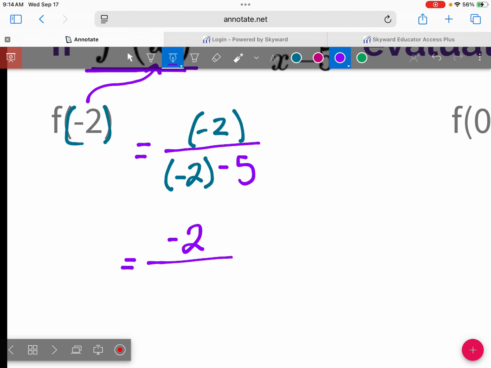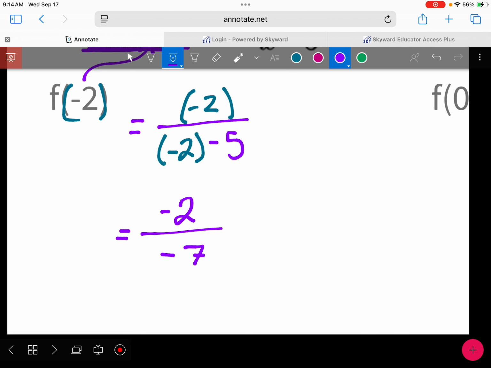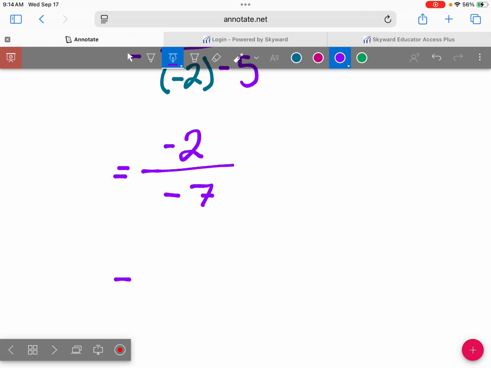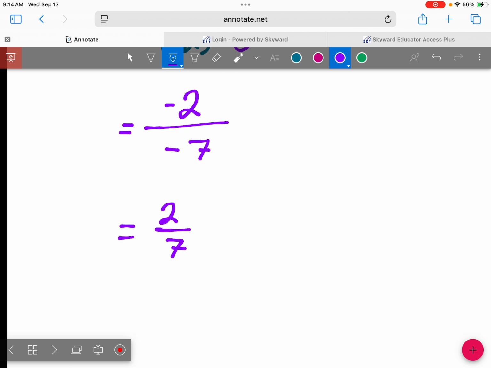In my denominator, we have negative 2 minus 5. What do we get there? Negative 7. Can negative 2 over negative 7 simplify? To just 2/7. The negative over the negative cancels out. So f of negative 2 equals 2/7. That's our answer. It's substitute and simplify as much as we can.